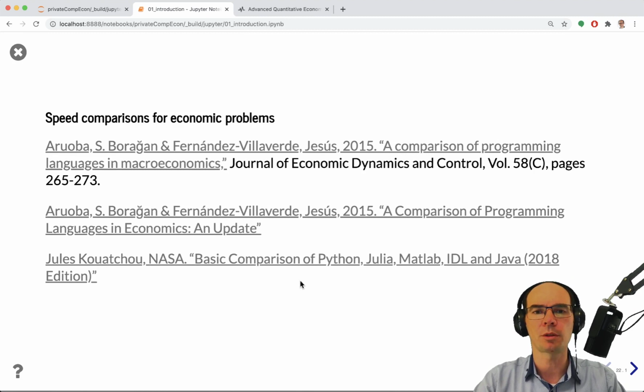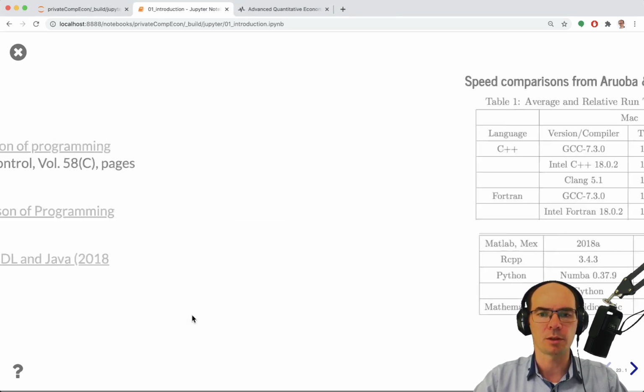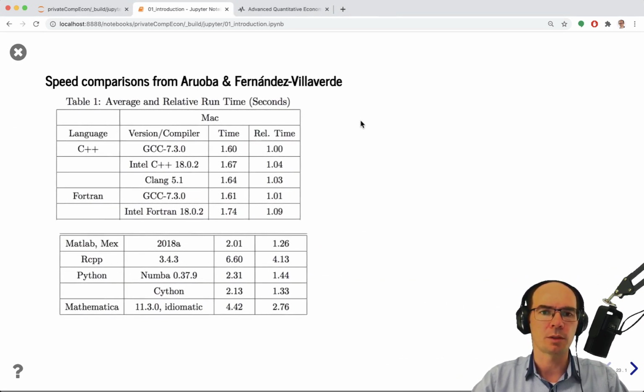In terms of comparing speed, I'm thinking of economic applications, first of all. There have been several papers, and not only in economics, this is a more general comparison here. But what do we have? Here, Fernandez-Villaverde and co-authors compare different languages in solving a fairly standard macro model, if I remember correctly, a representative agent model.